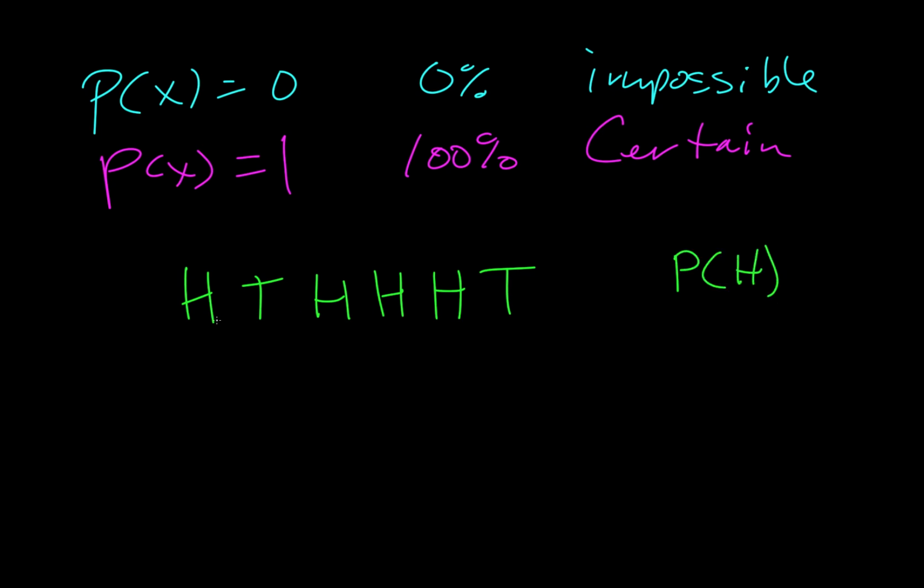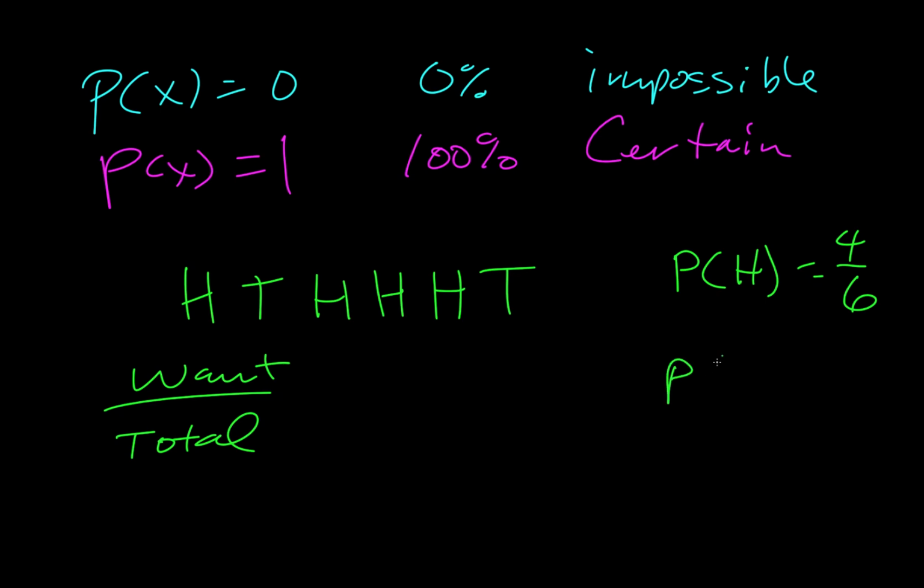So what we're interested in, well, we got 1, 2, 3, 4 heads. So we're going to get 4 out of the total, which is 6. So it's what we want divided by the total. So if we want heads, we get 4 divided by 6, and that would be our probability.